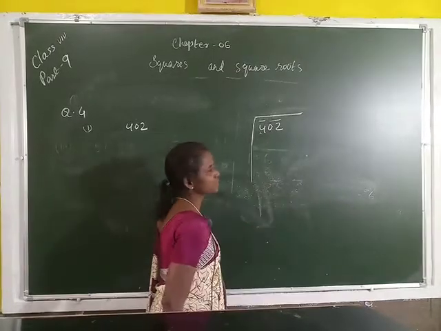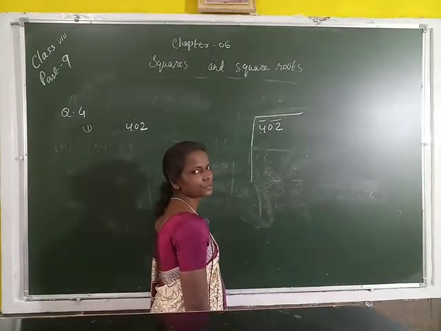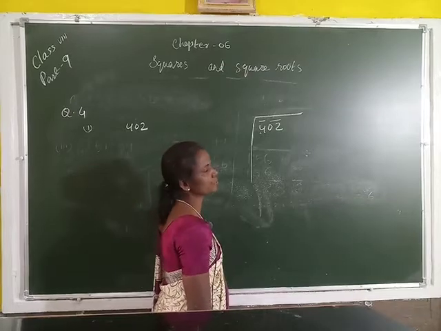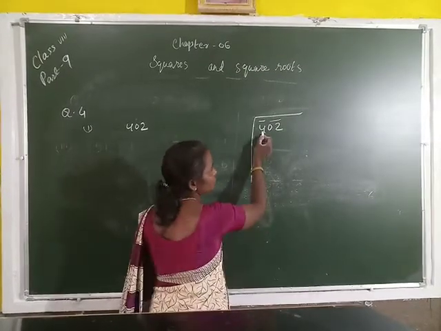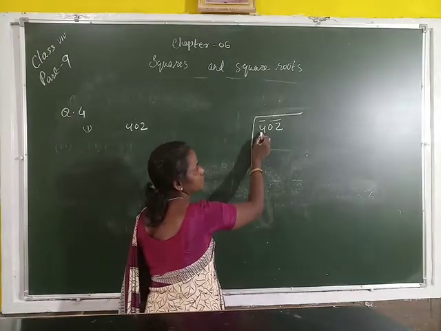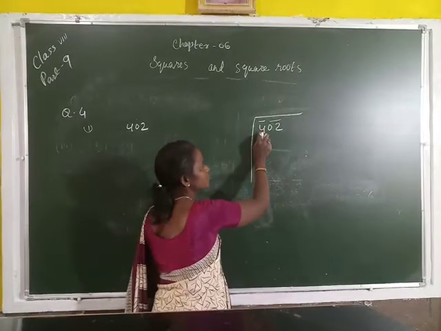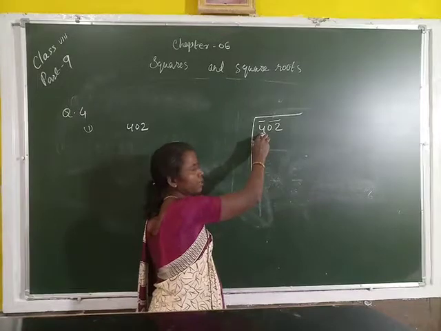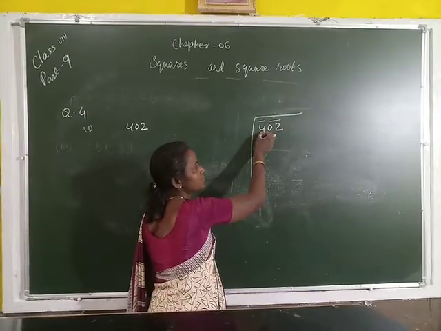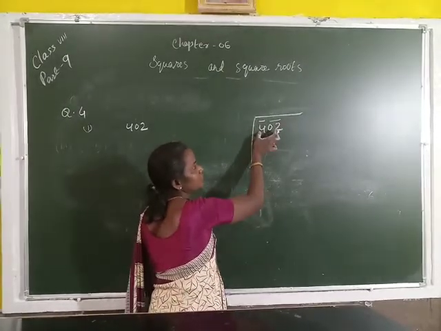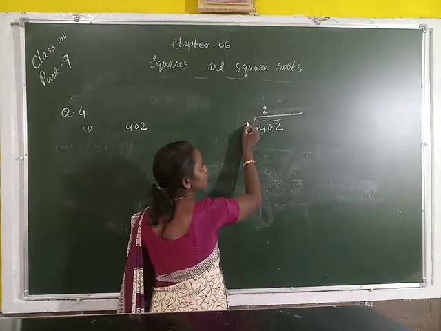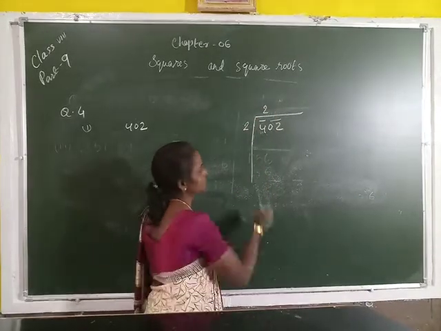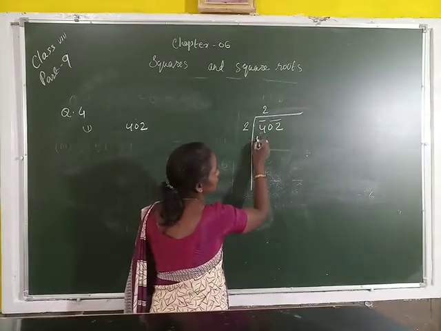Then which is the nearest square number of 4 or equal to 4? We know 2 2s are 4. Look, this is equal to 4. So this 4 is a square number. So its square root is which number? Square root is 2. This square root we write as quotient as well as divisor. 2 2s are 4.